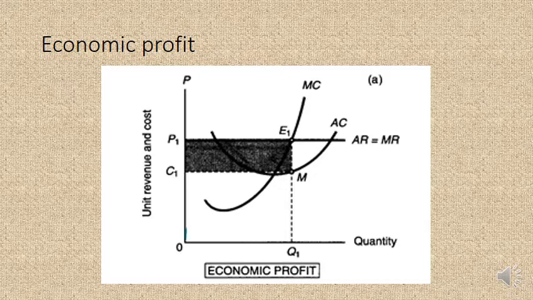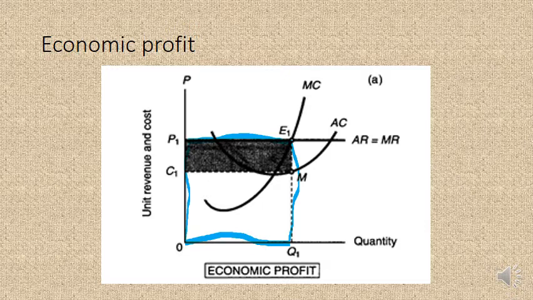So it's from O to P1, across to E1, down to Q1, and back to O. So you could either shade it, like I've done in the color now, or you could name it, and you would name it 0, P1, E1, Q1.